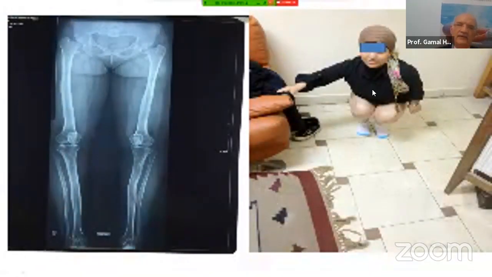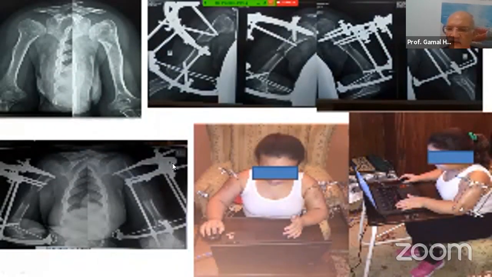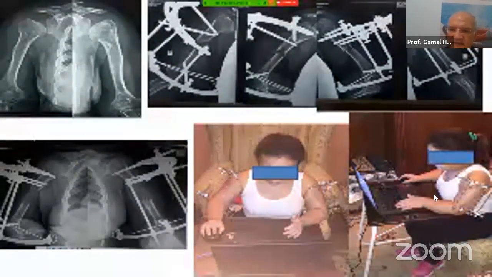The way she squats, because some people say that 20% is enough. This is not true. And then at the age of 26, she came for humeral lengthening. We did humeral lengthening on both sides for 10 centimeters. And this is the picture. Now she can use the upper limb for perineal hygiene, because it was too short.